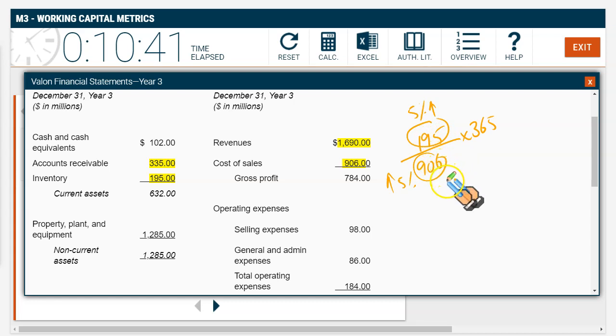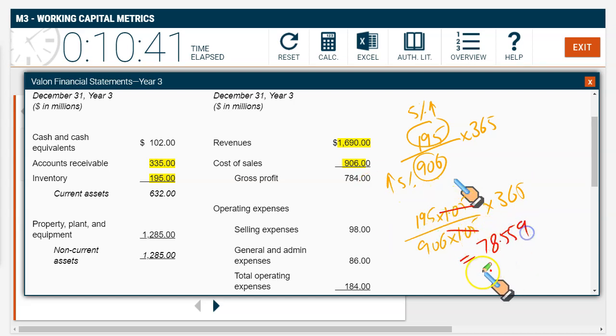It will make absolutely no difference. Let me do it for you: 195 times 1.05 and 906 times 1.05, multiplied by 365. You will see that these factors cancel and eventually you have the same number that we calculated previously, 78.559, which is 78.56. So everything is increasing by 5%, the numerator and denominator both go up by 5%, so it will have absolutely no impact whatsoever.